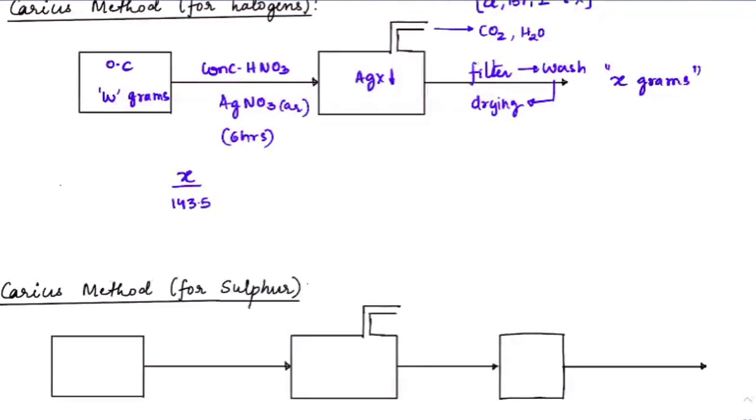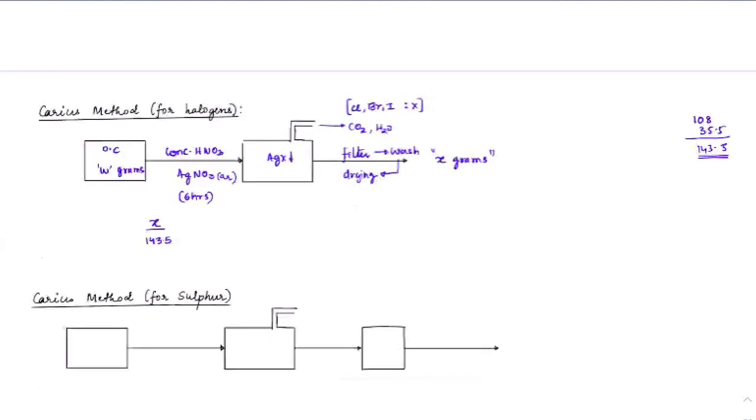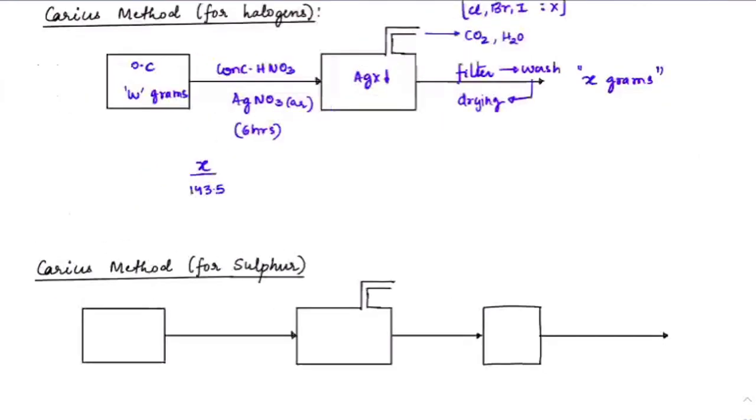Because the atomic weight of Ag is 108 and chlorine is 35.5, so the molar mass of AgCl is 143.5.